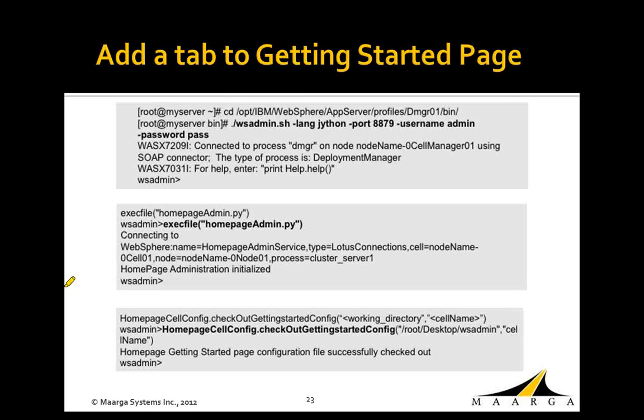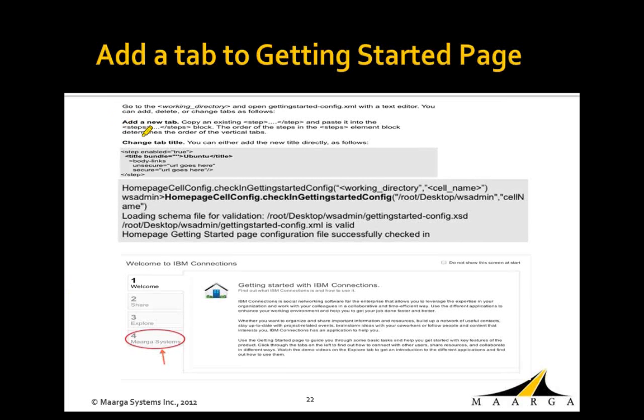So we check out the file, add our steps, there's something called a steps tag in that file, we add the link, and finally we check in the file. So on restarting, we will be seeing the Marga Systems tab. That's shown here. So I'll be showing you the getting started XML file. How do we add the steps?